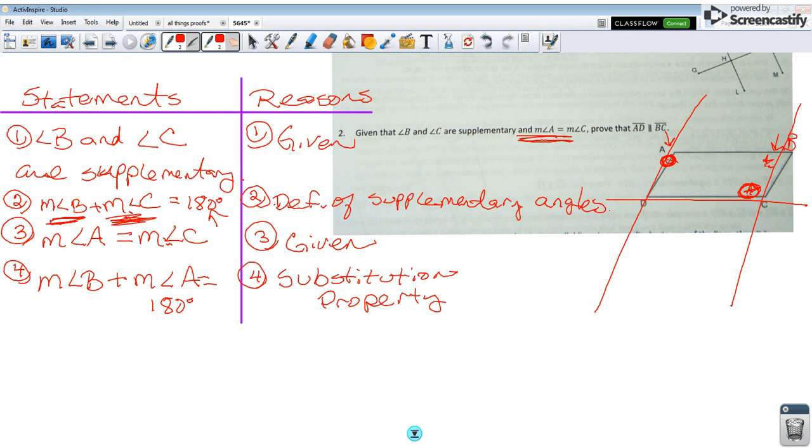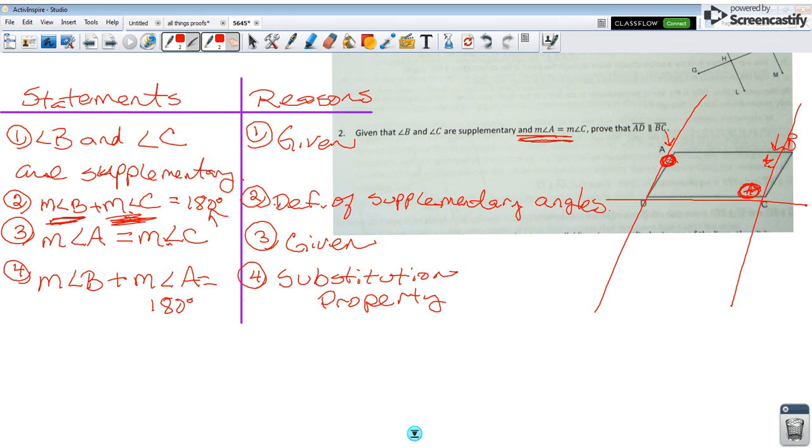Maybe corresponding. Something's missing. We need more information. Okay, so what's 4? The substitution thing? I think we might have enough.